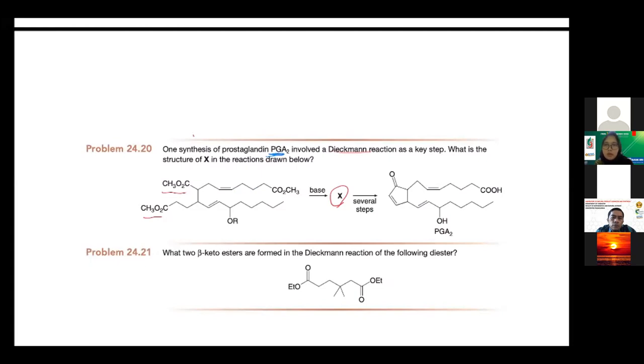So the Dieckmann reaction. We have to think: this base means OH, OEt minus, or methoxide here.